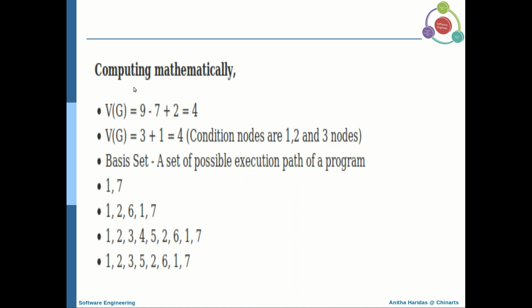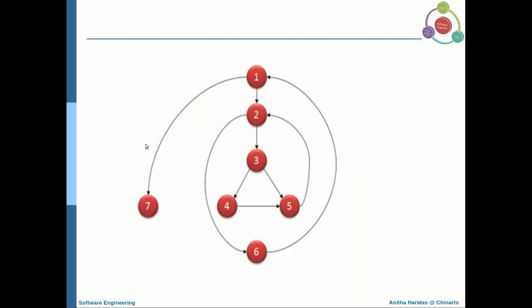Now apart from using this particular formula, you have another formula specified here which gives you the same value, and it says 3 plus 1, where 3 specifies how many predicate nodes are there in your flow graph. Predicate nodes are nothing but the nodes that are having conditions, so that are having more than one outgoing branch.